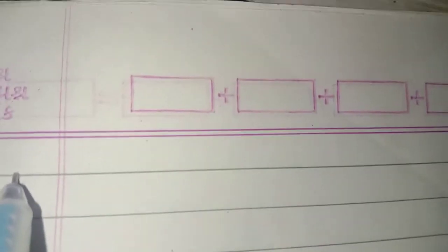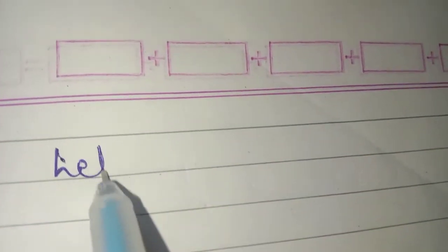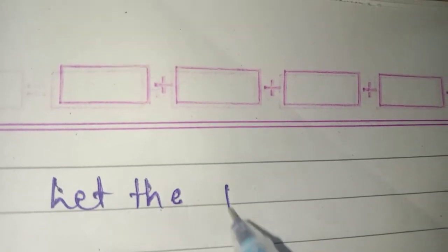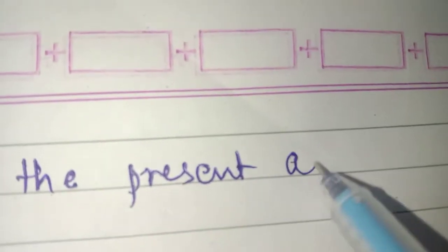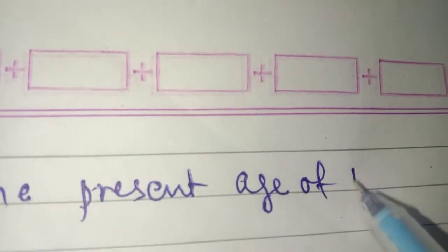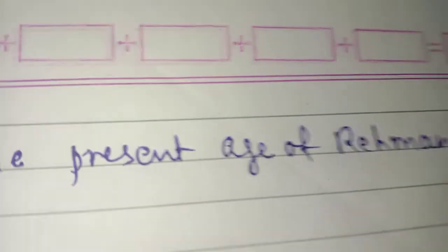So we'll write here question number 4. Let the present age of Rahman be x years.